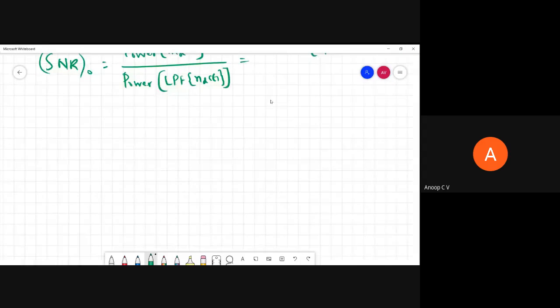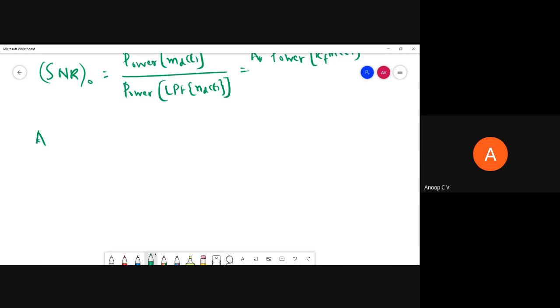The average power of kf into m of t will be equal to kf square, since we have a constant, take the square of it. Then we know the power in m of t is P. So the average power in kf into m of t, the message power at the output, is kf square into P.